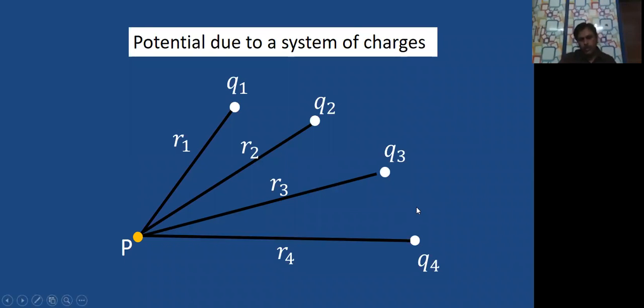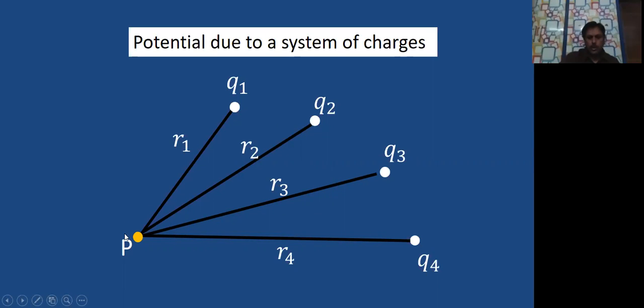To make you understand these points more clearly, I will teach you some numerical examples. And before that, I will tell you how to calculate the potential due to a system of charges. Okay. So in this particular screen, you are seeing that there are a number of point charges, let us say Q1, Q2, Q3, Q4, so on. And there is a point P. So I want to calculate what is the potential at the point P. What is the distance from Q1 to P?